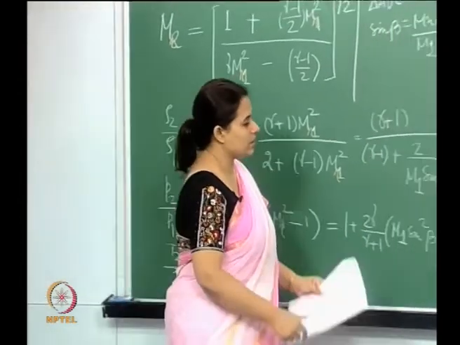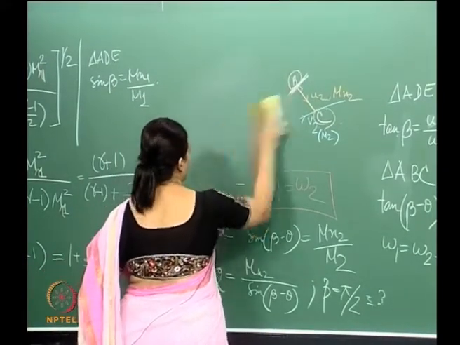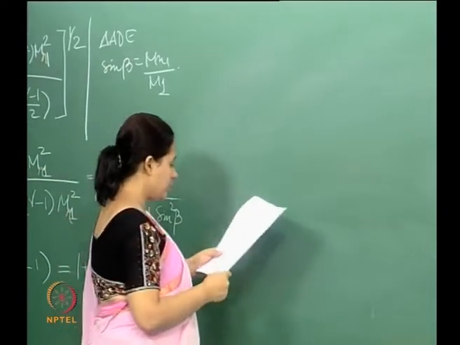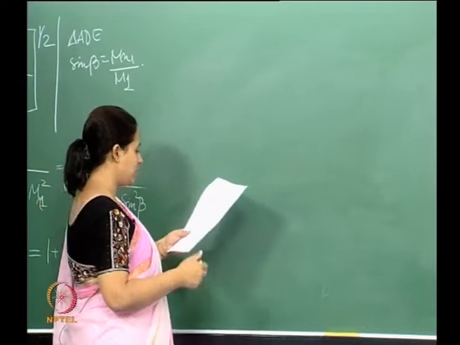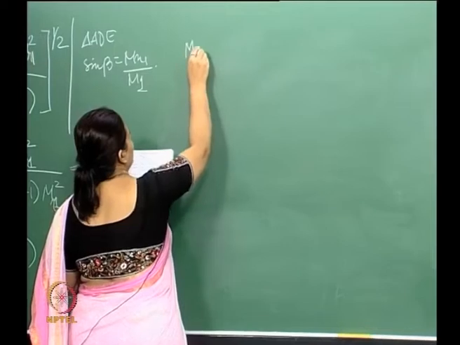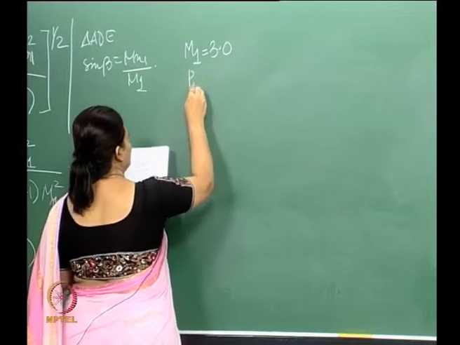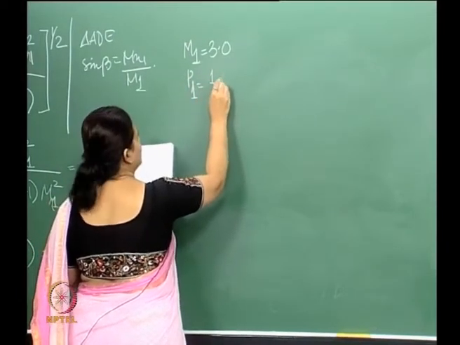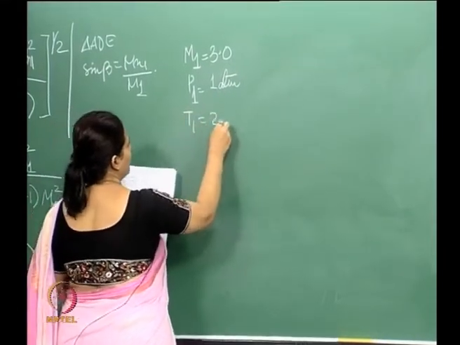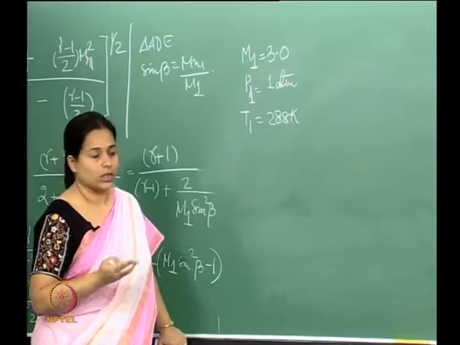Okay, all right. So to do that, let us look at this. We have a uniform supersonic stream and the given values are M1, P1 is 1 atmosphere, T1 is 288 Kelvin, and this encounters a corner.